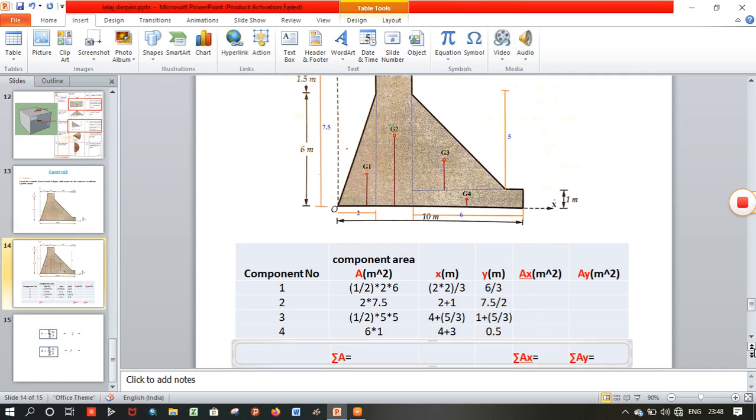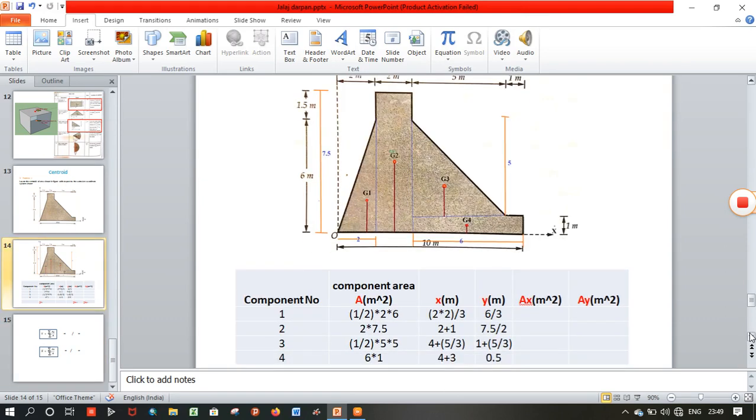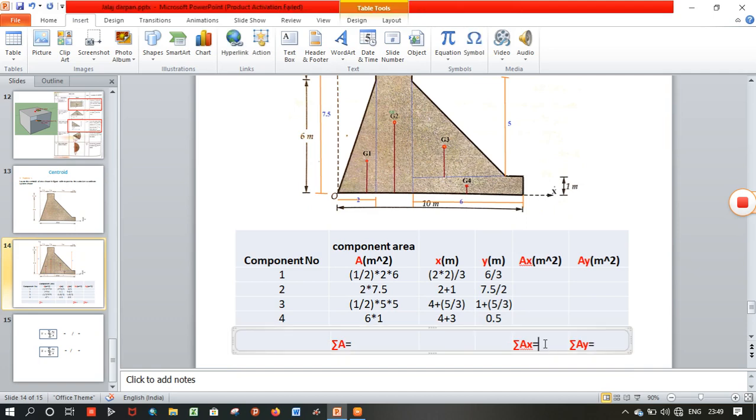So I will directly write the value. I will get sigma Ax as 165.8. For sigma area, add all these values of area, you get the sigma area as 39.5 square meters. This one is also in square meter, and this one is also square meter.